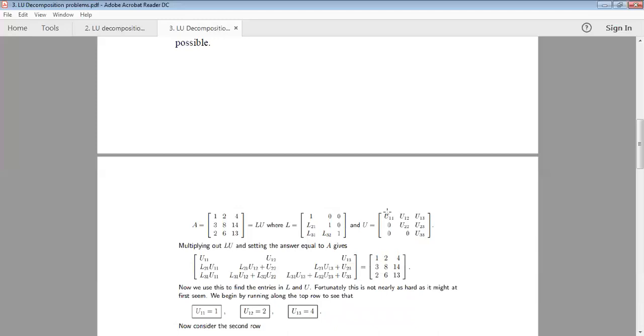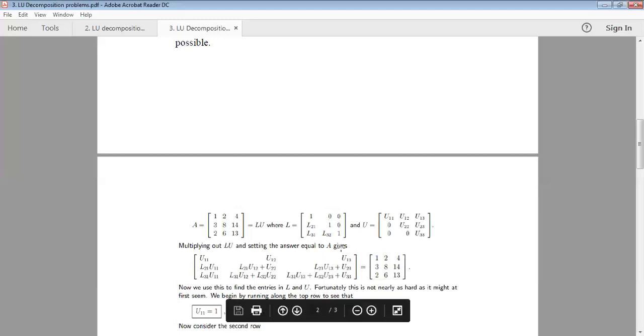Next, third row and first column: L31 U11. Third row and second column: L31 into U12 plus L32 into U22. Third row and third column: L31 U13 plus L32 U23 plus U33.